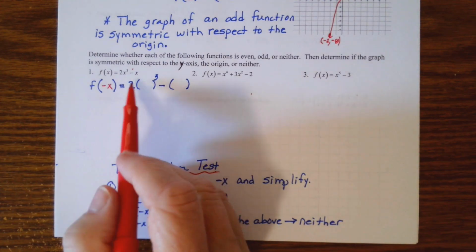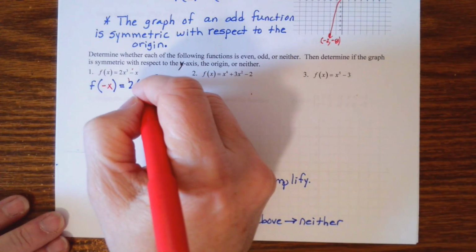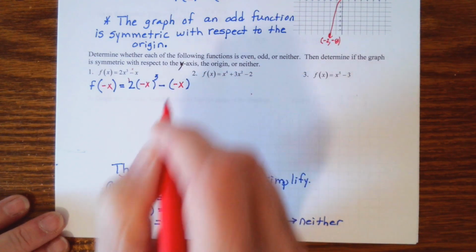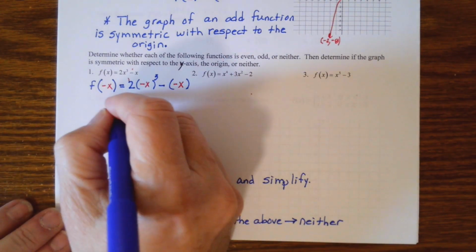Okay, so wherever my x's are, I'm going to put a parenthesis. So now what I'm going to do is put in a negative x and a negative x. And now I'm going to simplify.